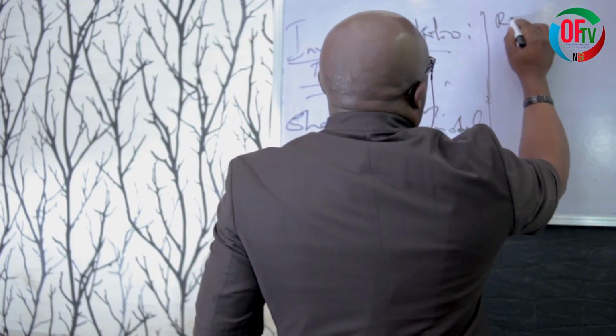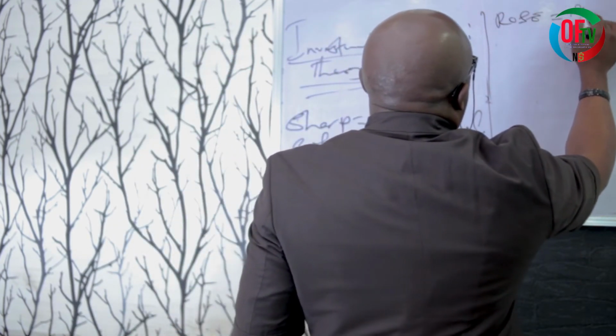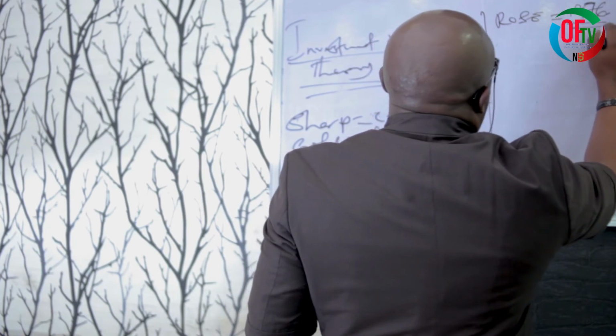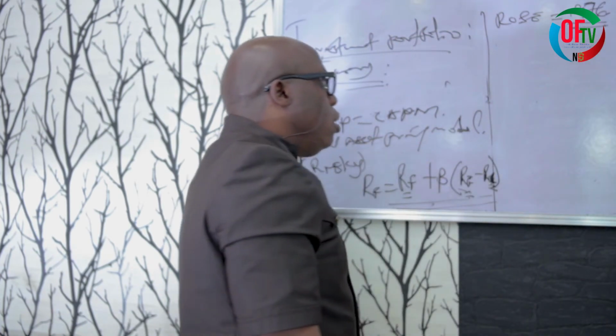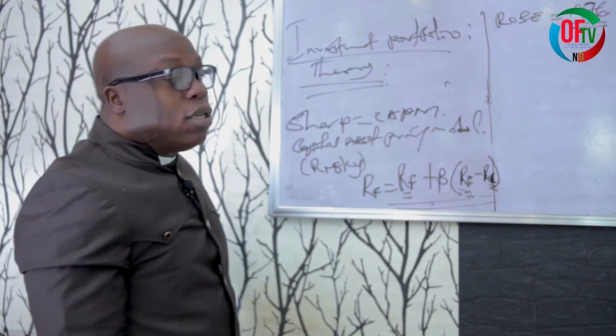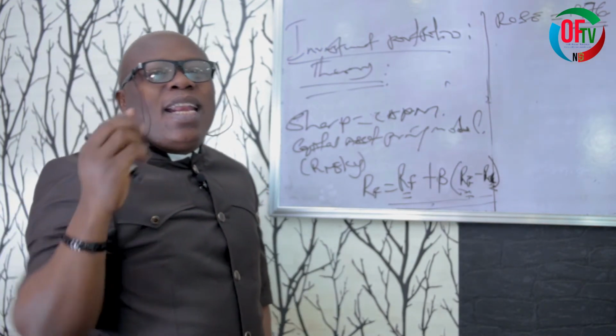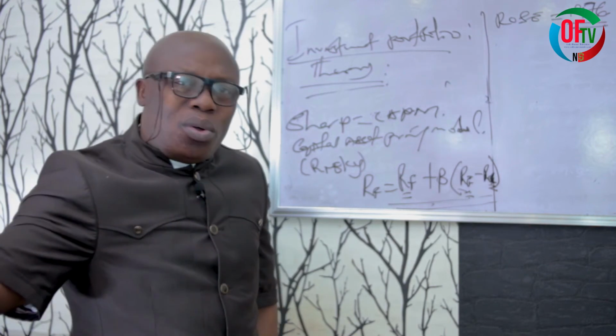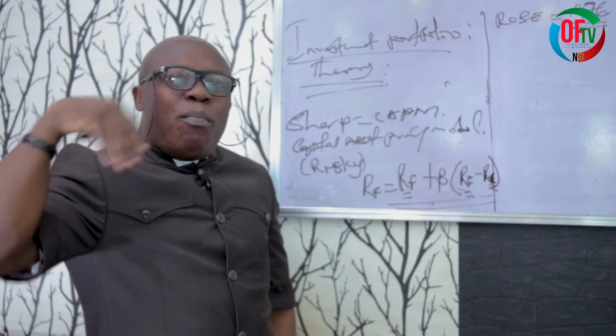But however, the last theory was done by Ross in 1976. What this theory is just talking about is that there are other economic indicators to any policy you want to adopt.